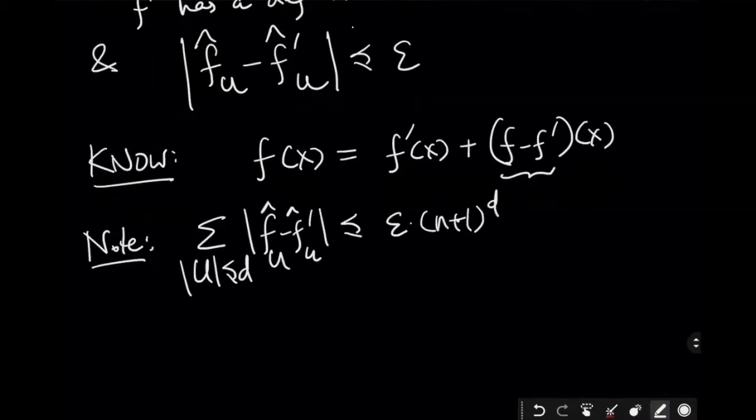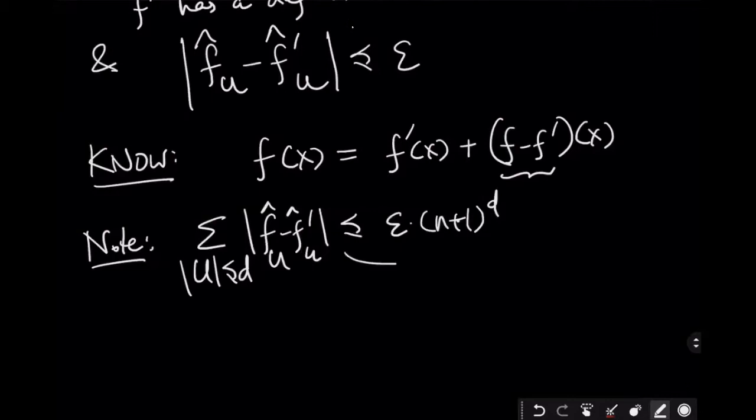So the sum of the coefficients is going to be at most some epsilon times n to the O of d, right? And now remember from our last class, we knew that if we take any polynomial and shift it by the sum of the absolute values of its coefficients, then this polynomial always has a degree d certificate.